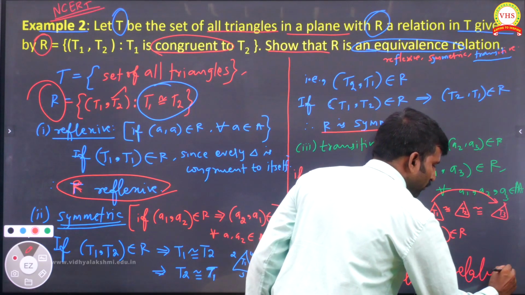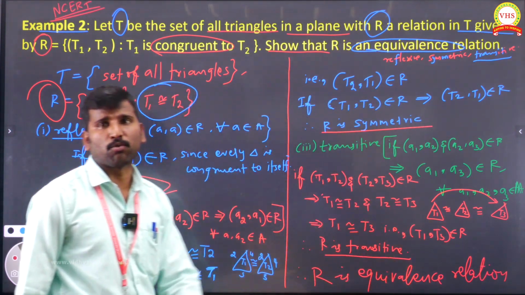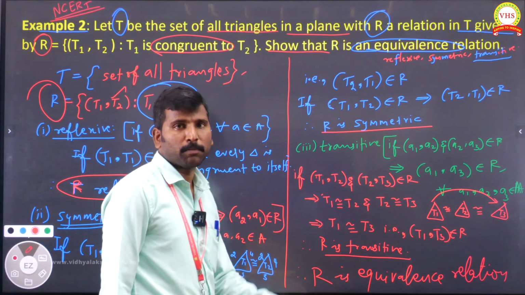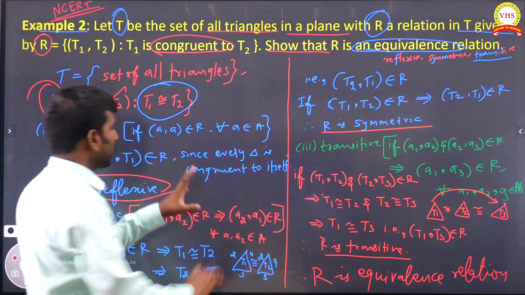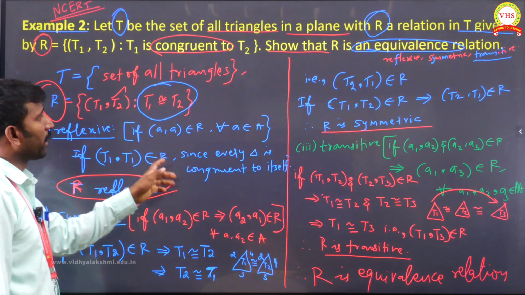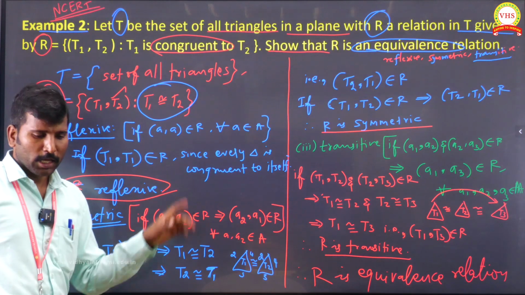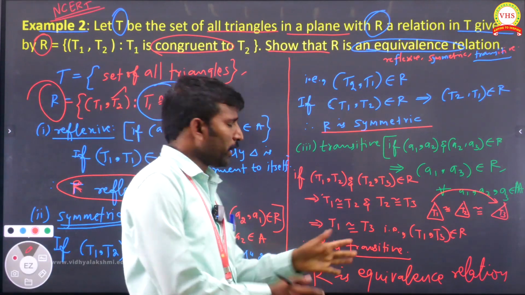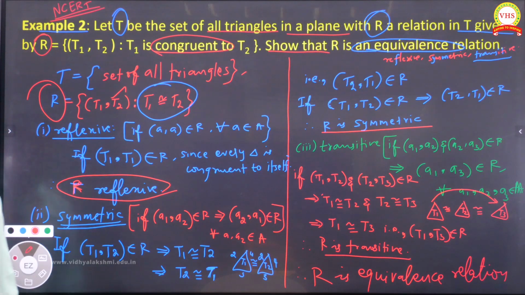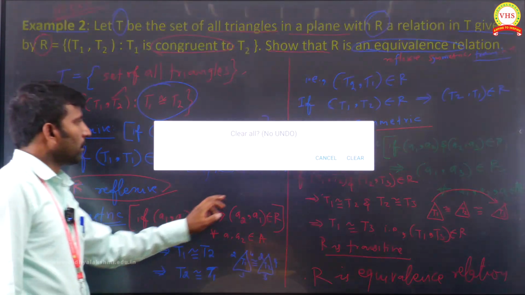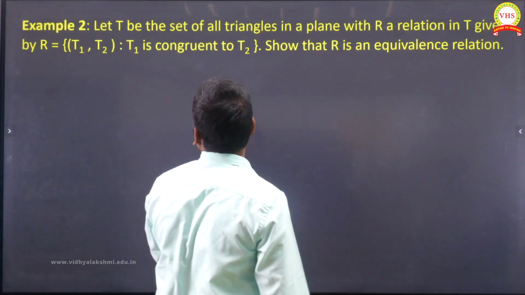All three must be satisfied, then only we can say it is an equivalence relation, otherwise not possible. Understand? These things may come in 2 mark or 3 mark questions, so you should be careful. Kindly take a note, children. We'll go to the next question.